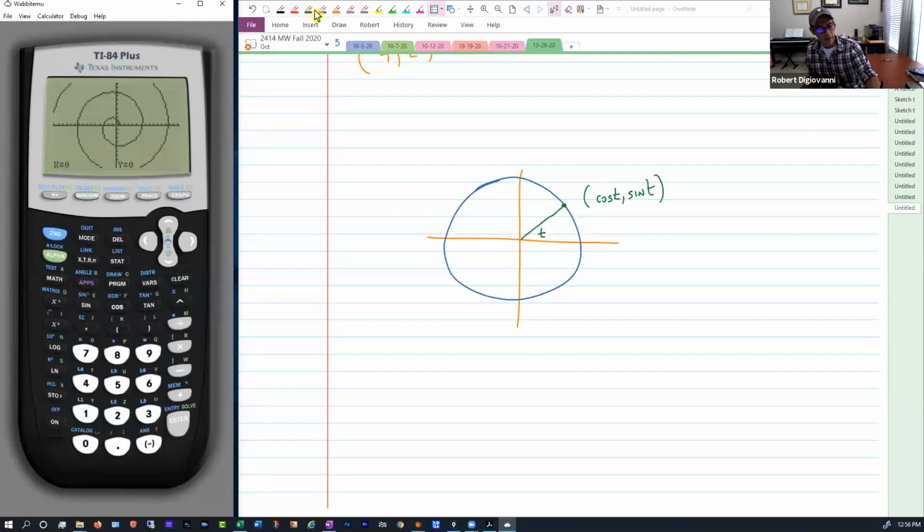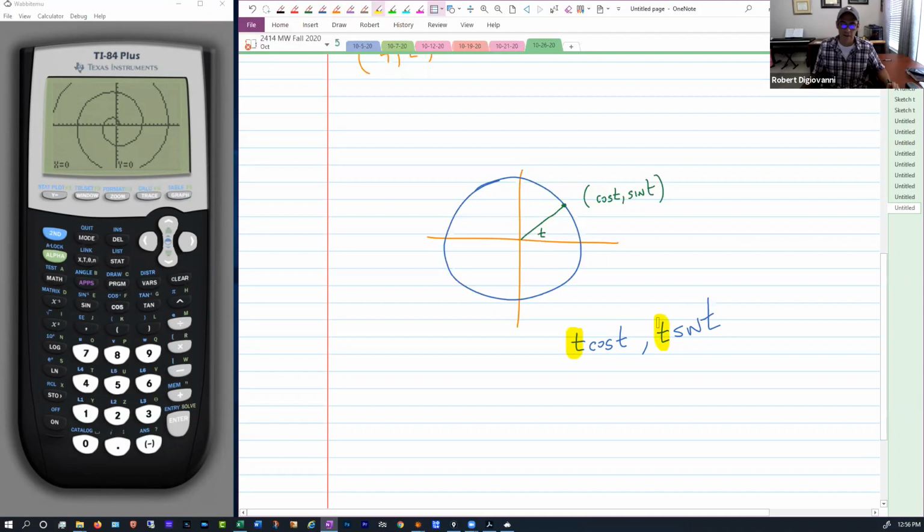Because when you think about this, t cosine t, t sine t, the t out front is actually the radius of the circle. If you had 5 cosine t, 5 sine t, you'll learn this later, this will draw you a circle of radius 5.